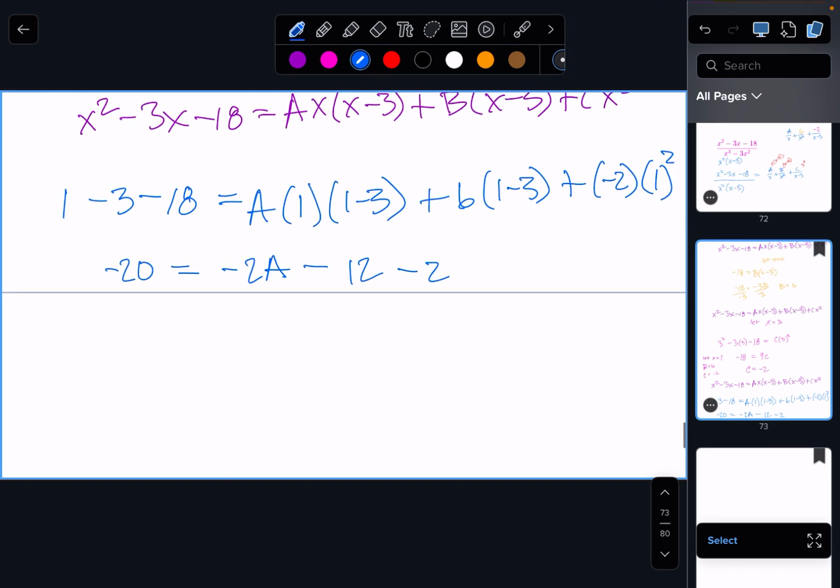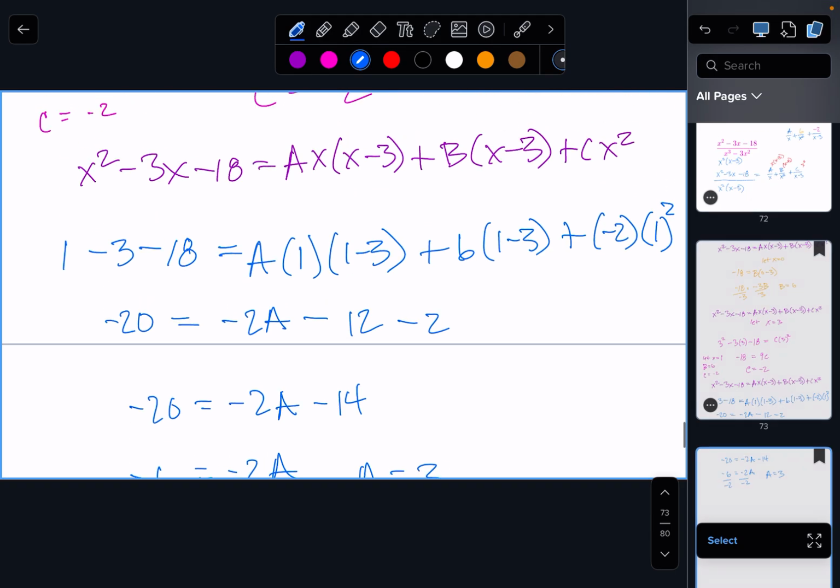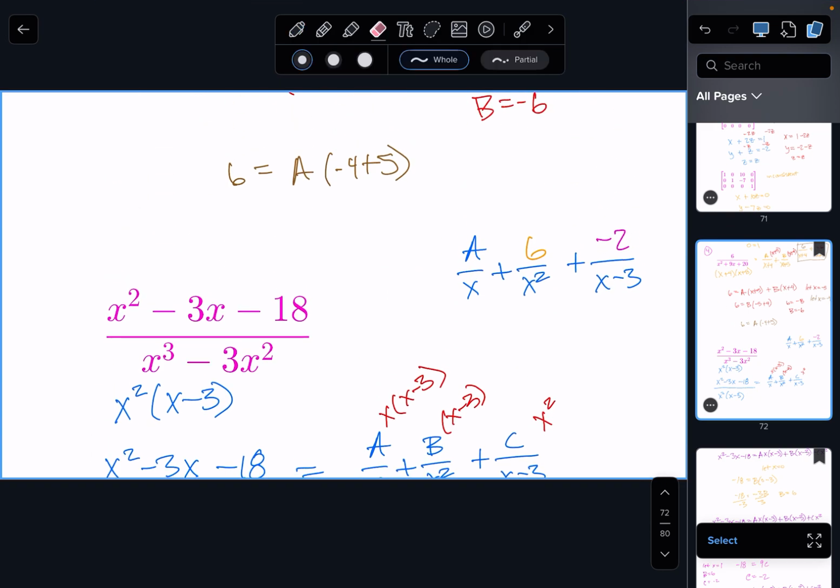That doesn't mean I got it right. So negative 20 equals negative 2a minus 14. So add 14 and we get negative 6. So a equals 3. So way up here at the top, a equals 3.